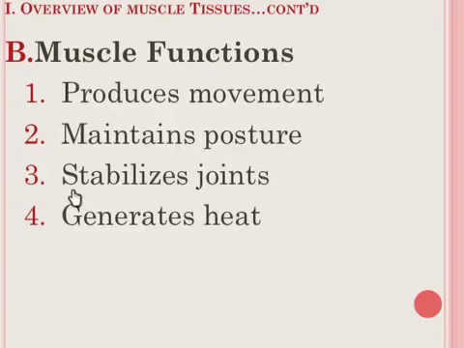Your third muscle function is it stabilizes your joints. If you have muscles that are really weak, you're going to probably have more joint issues. For example, someone who's used to running a lot, they're going to have really strong muscles around their knees and their ankles and their hips, and they're not going to have as many problems with those joints.